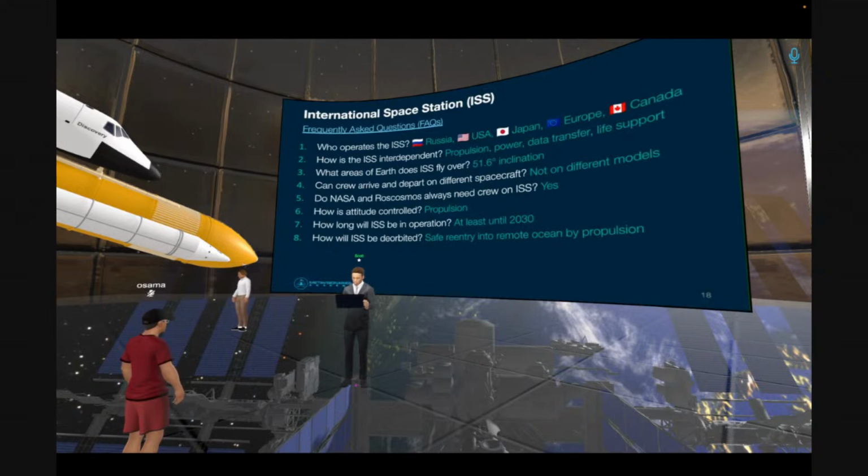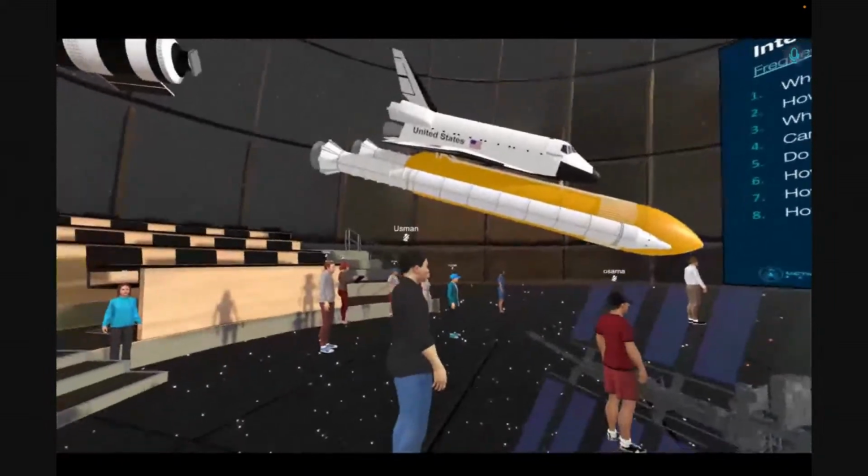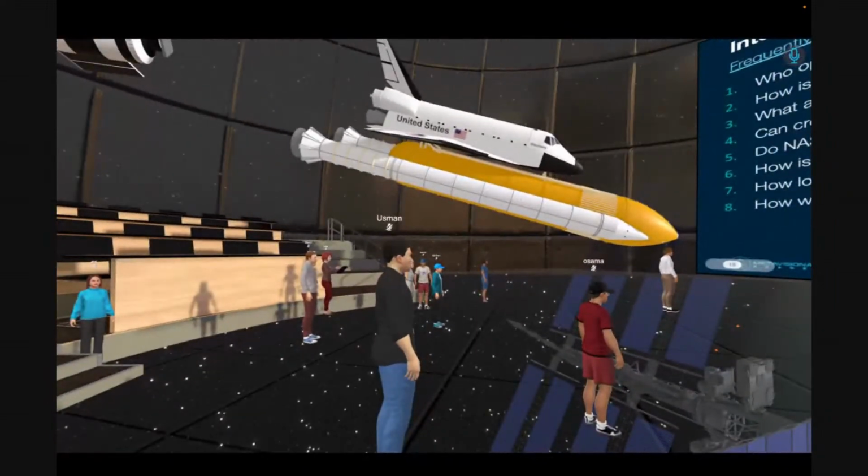And so that is most everything that can be accessed with this inclination, which is 51.6 degrees. I'll talk in detail about what that means in the third lecture on operations. But basically, the International Space Station flies over 90% of where people live on Earth. And it can be seen without a telescope from most of these places.